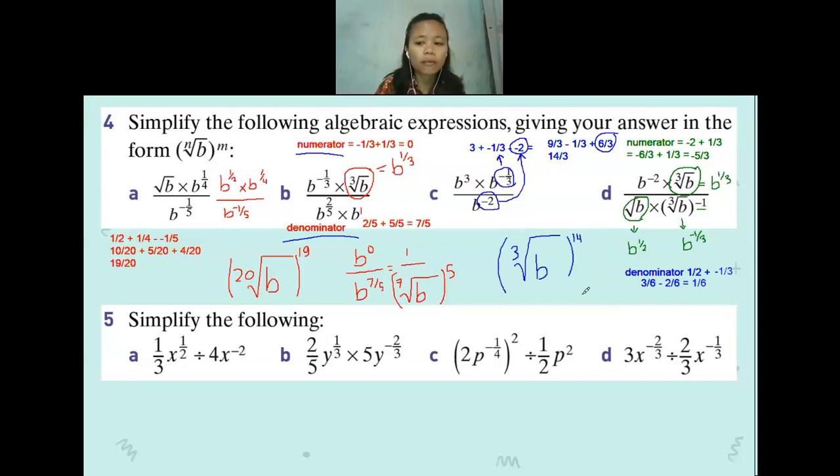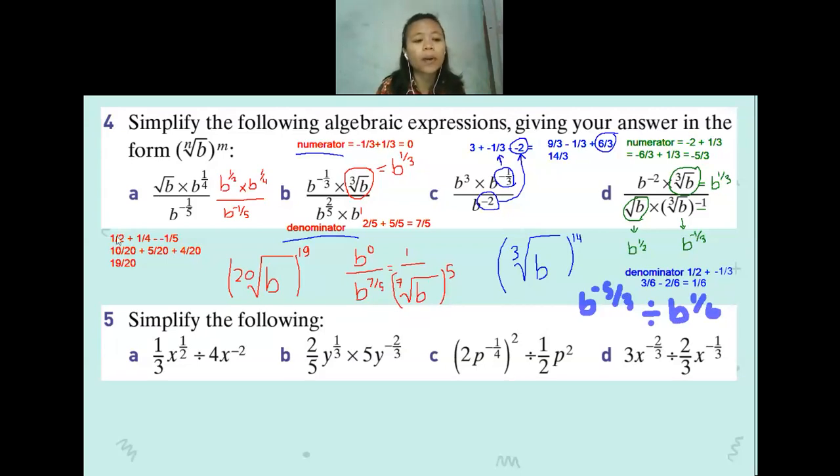So for the numerator, we have b to the power of negative 5 per 3. And then for the denominator, I just write it as divided by b to the power of 1 per 6. This is division.